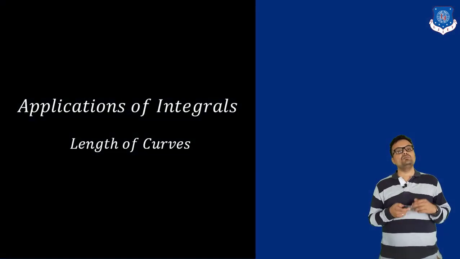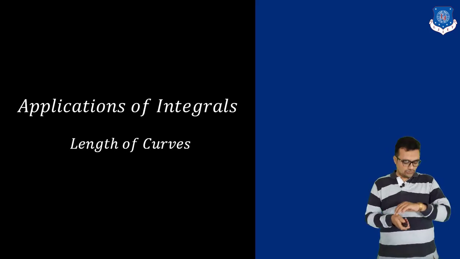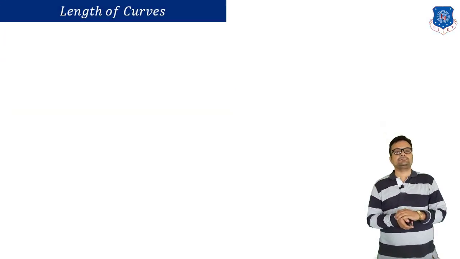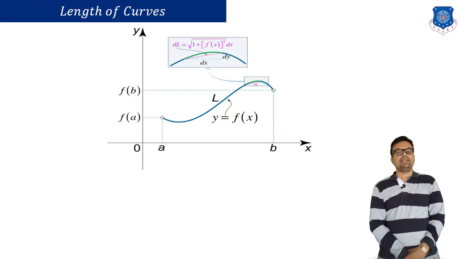Let us consider one more part, that is how to find the length of a curve. If I have this type of curve, y equal to f of x, starting from A ending at B, and then if I want to find the length L for this curve, how to find this length?